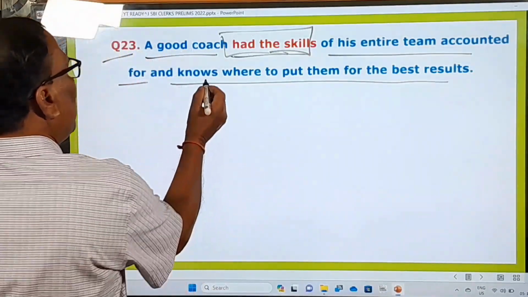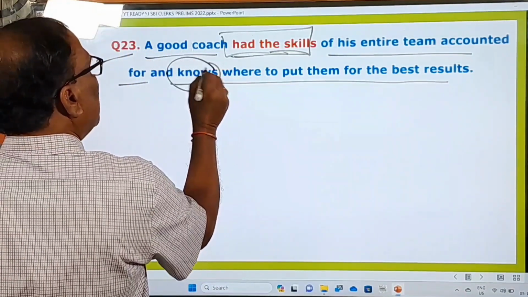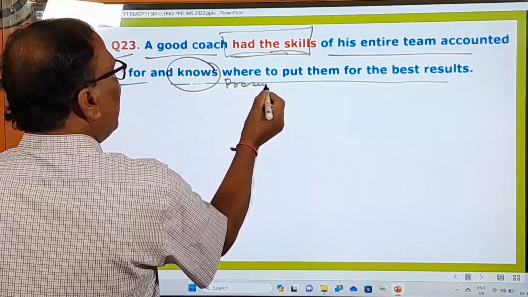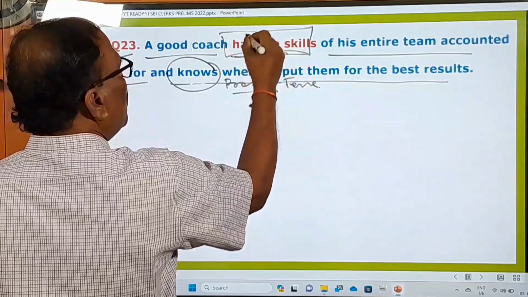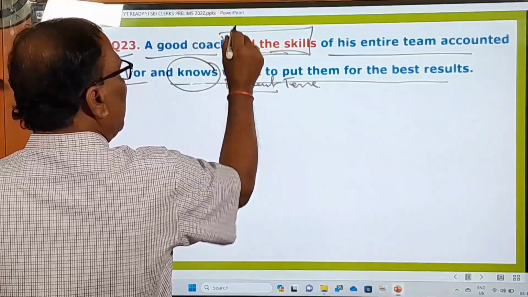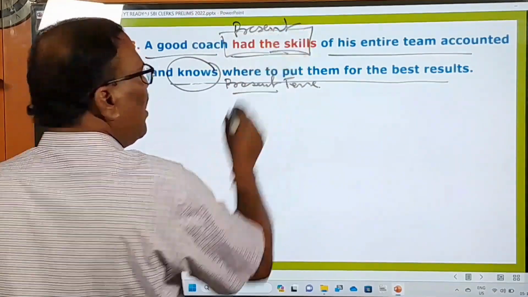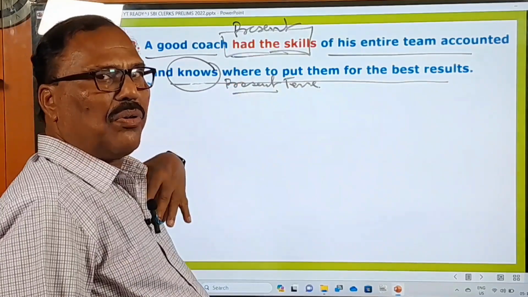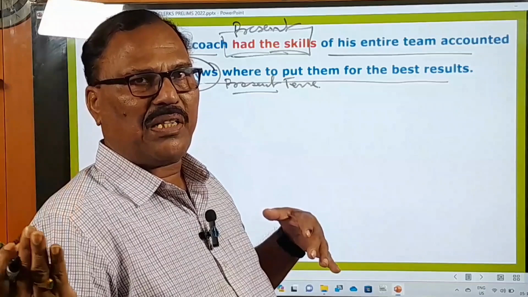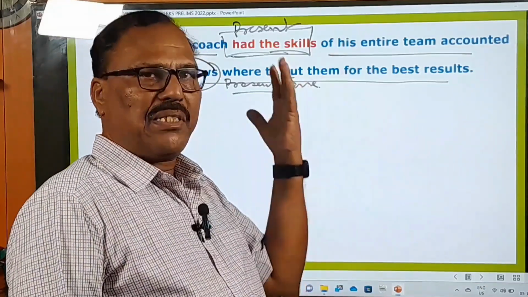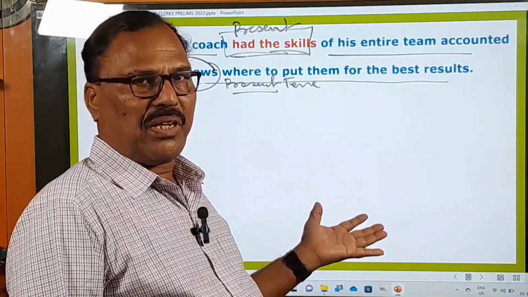So here one part of the sentence is in the present tense. When one part of the sentence is in the present tense, the other part must also be in the relevant present tense. So that's why there is a rule: if there is a present tense in one part of the sentence, there must also be the present tense in the other part of the sentence. Okay, it is like that.